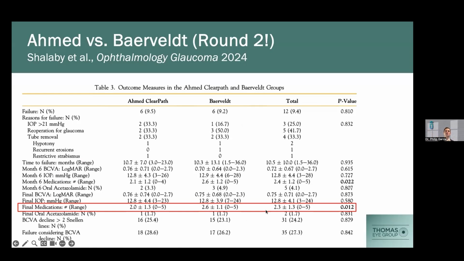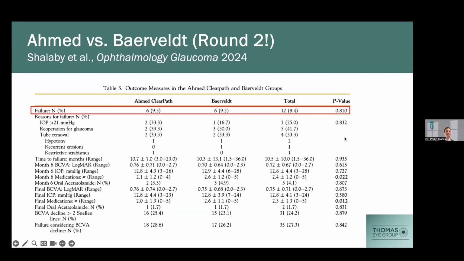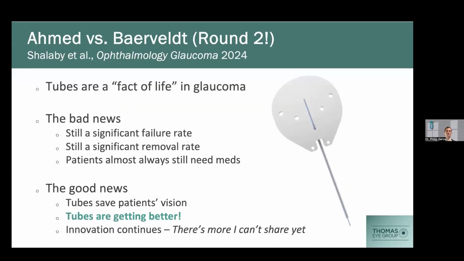And that's so interesting because actually most of the tubes that were implanted in the Ahmed ClearPath group were the smaller ones, the easier to handle ones, the ones that in my mind create less diplopia, less issues with muscles. And this just shows that the complication rate was exactly the same. Six patients failed in both groups.